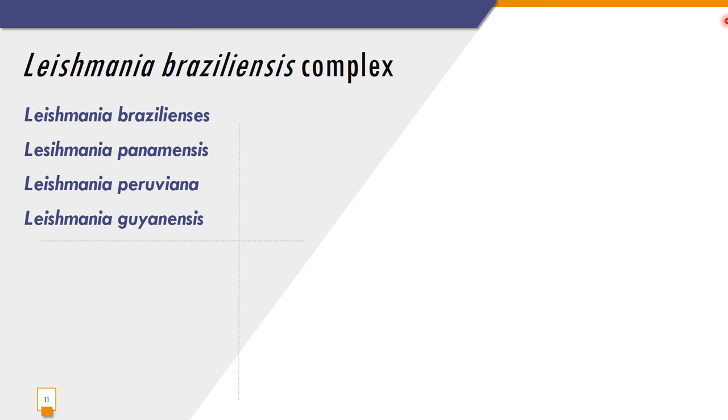Okay, so on to our first group for Leishmania: the Leishmania brasiliensis complex. The Leishmania brasiliensis complex of organisms is a group of parasites comprised of Leishmania brasiliensis, Leishmania panamensis, Leishmania peruviana, and Leishmania guyanensis.